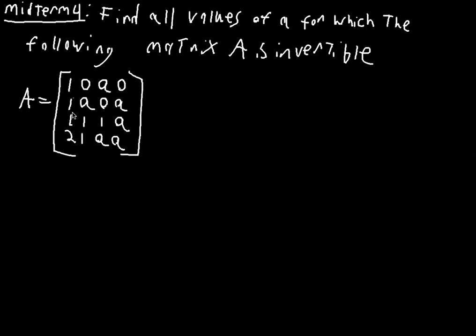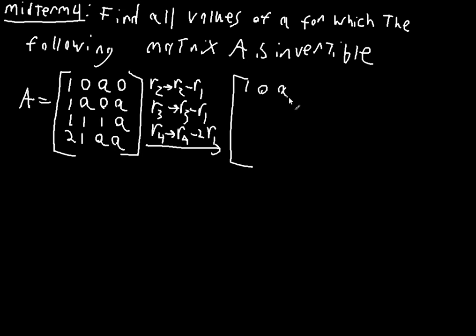To start off, we can go ahead and cancel off these leading entries here. It's pretty easy to do. It's just straightforward. Row 2 goes to row 2 minus row 1, row 3 goes to row 3 minus row 1, and row 4 is going to go to row 4 minus 2 times row 1.